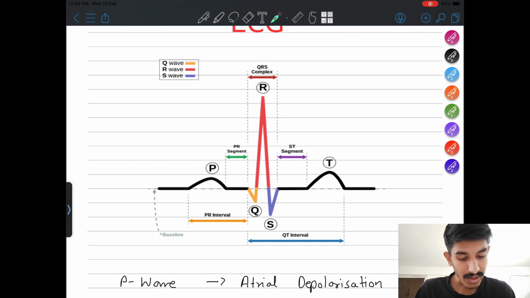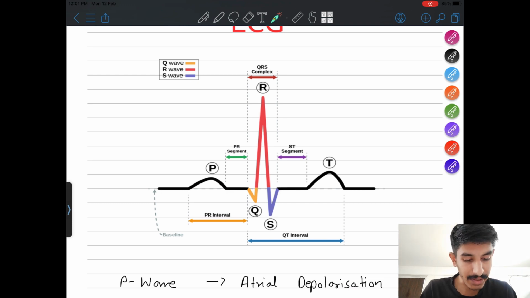Together we call them intervals and segments. From here to R is known as the PR interval, and from the ending point of P to the start point of R is the PR segment. Three waves together are known as the QRS complex, as you have heard many times in your life.